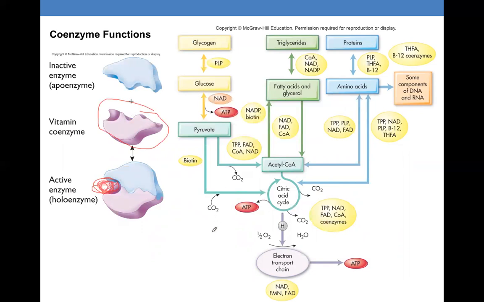This on the right is metabolism in a nutshell, and you can see the role of many B vitamins as well as their coenzyme forms here. So for example, NAD, nicotinamide adenine dinucleotide, PLP, CoA, NADP, TPP, B12, etc.